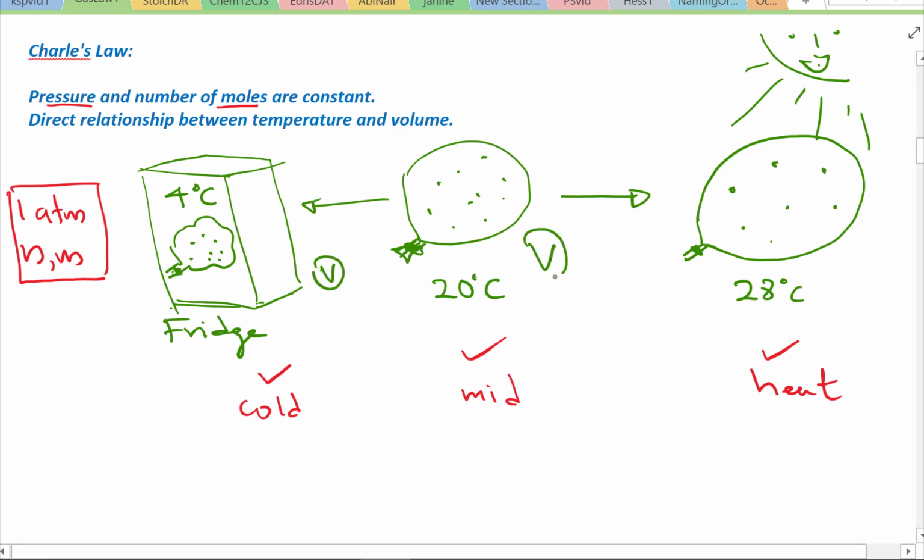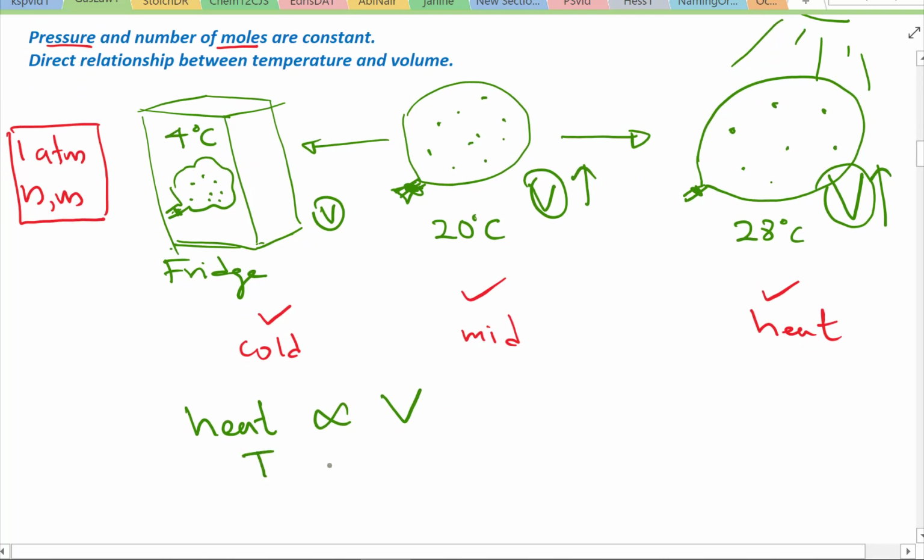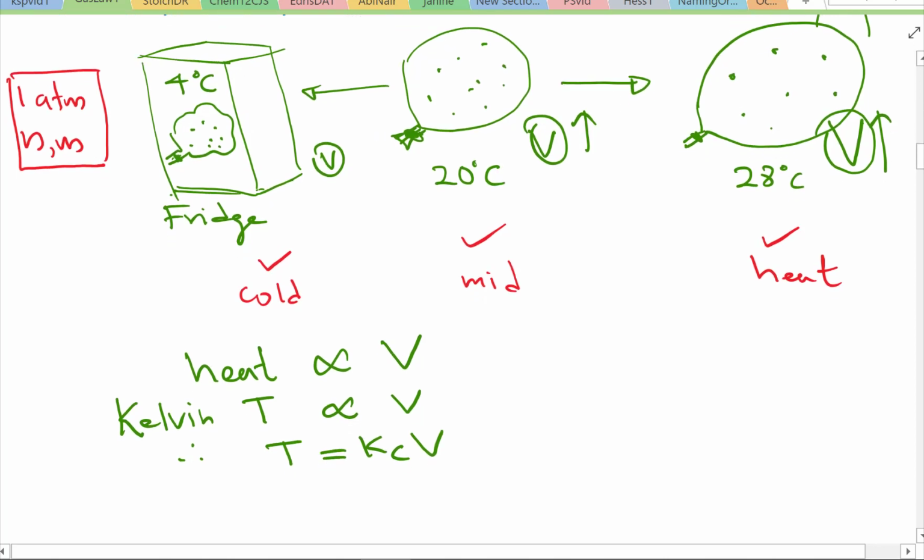So volume is directly proportional to the temperature. In all gas law problems, temperature is in Kelvin. Only Kelvin you can use, not Celsius. So the Kelvin T is directly proportional to V. We can put a Charles constant, and T is KC times V, right?